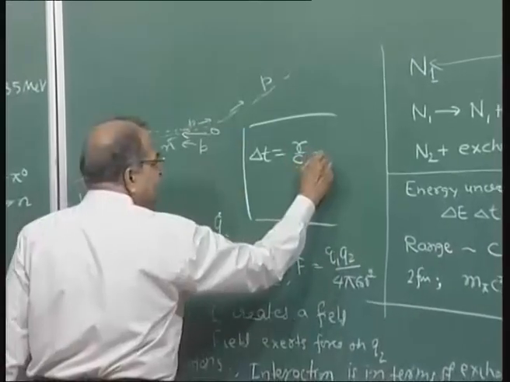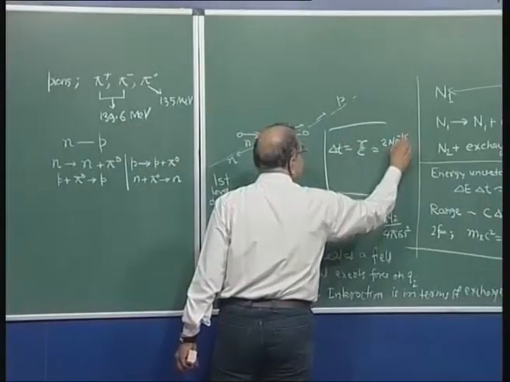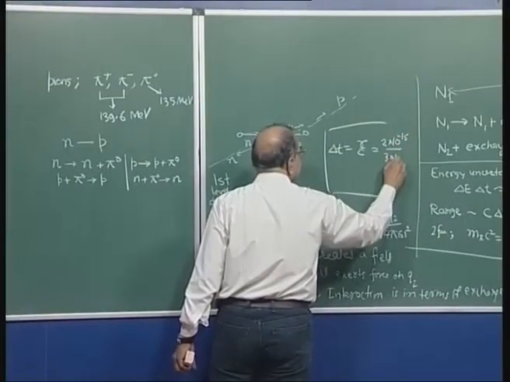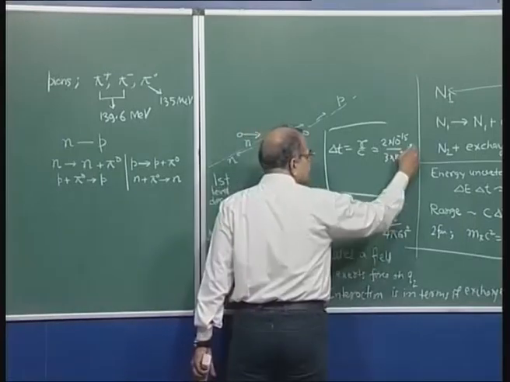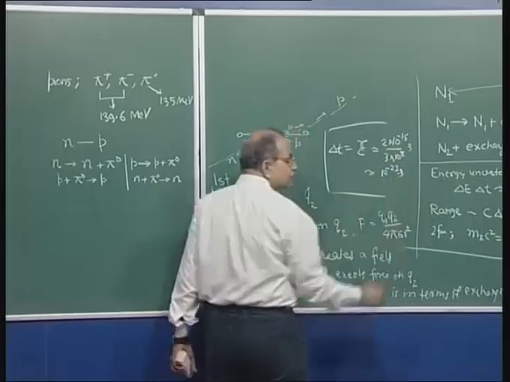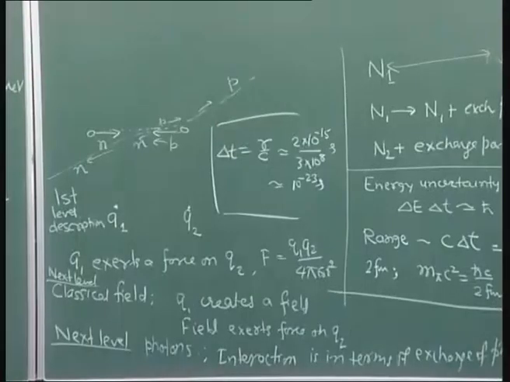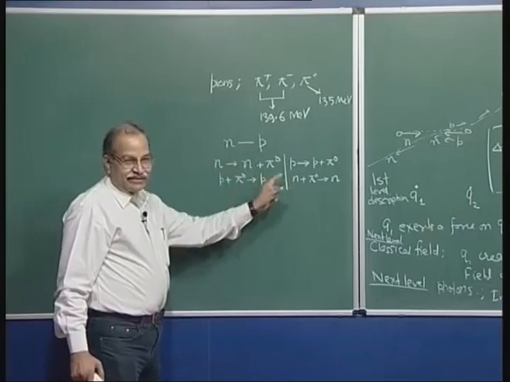And if the range is something like 2 femtometers and c is 3 into 10 to the power 8 meter per second, this is in seconds. So, this is 10 to the minus 23 seconds. So, the processes are for a very small time. So, do not worry about how these reactions are energetically balanced and things like that.